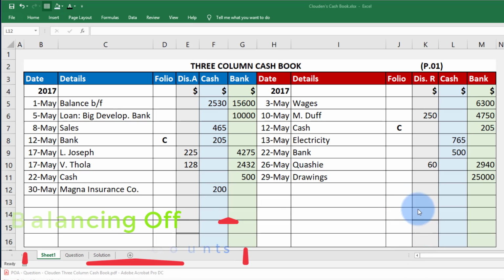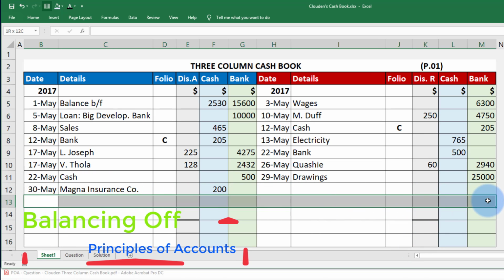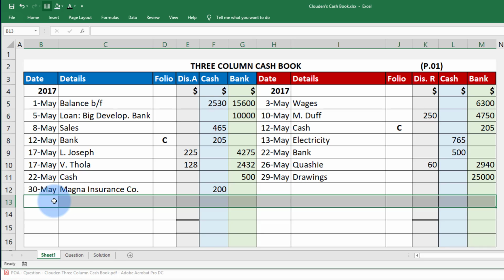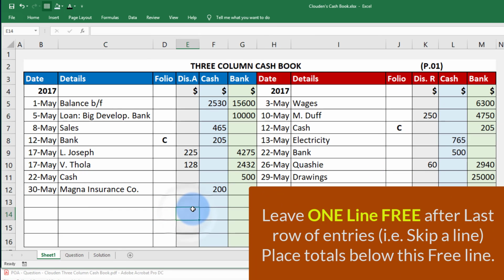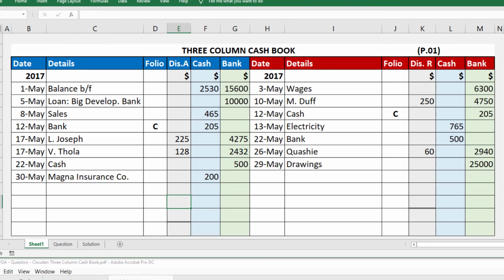Alright, when balancing, we would leave one clear row or line after the entries on the side that has the greater number of entries. So we're going to start balancing somewhere down here. Alright, so let's find the total.